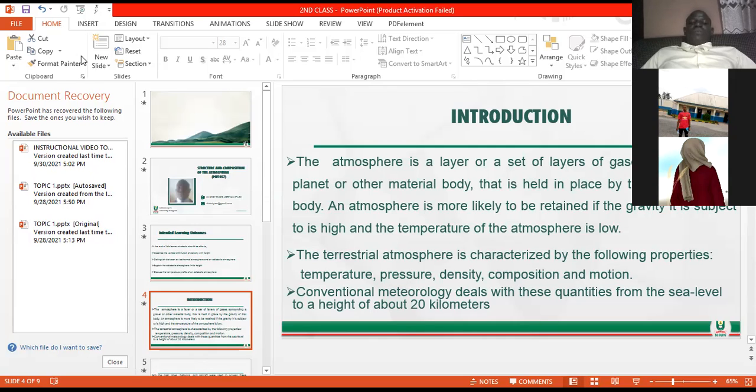Conventional meteorology deals with these quantities from sea level to a height of about 20 kilometers. What that means is that you can study the atmosphere from sea level to about a height of 20 kilometers.